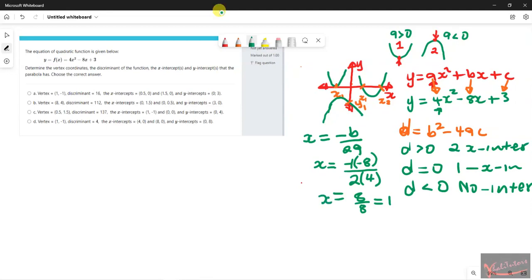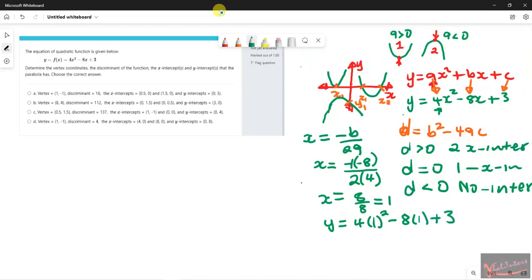Remember that. Once you have the x coordinate, you take the value of x and substitute it into the original equation, and you get the y value of the turning point. So we're going to say y equals, taking the equation that we are given, 4, instead of writing x, we write the value of x, which is 1, squared, minus 8 times 1, plus 3.